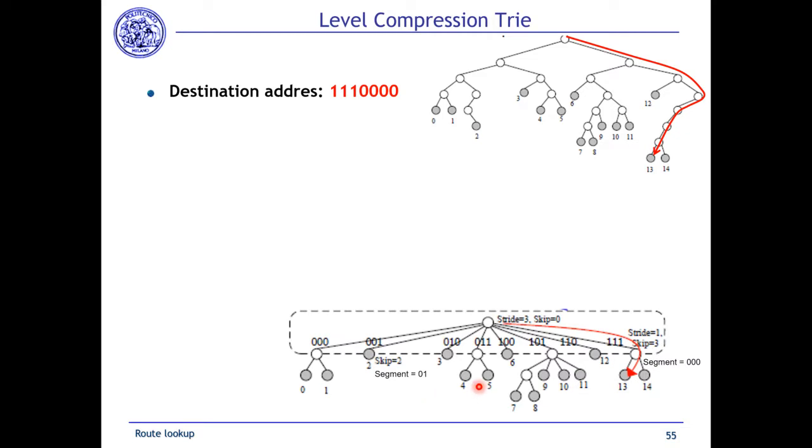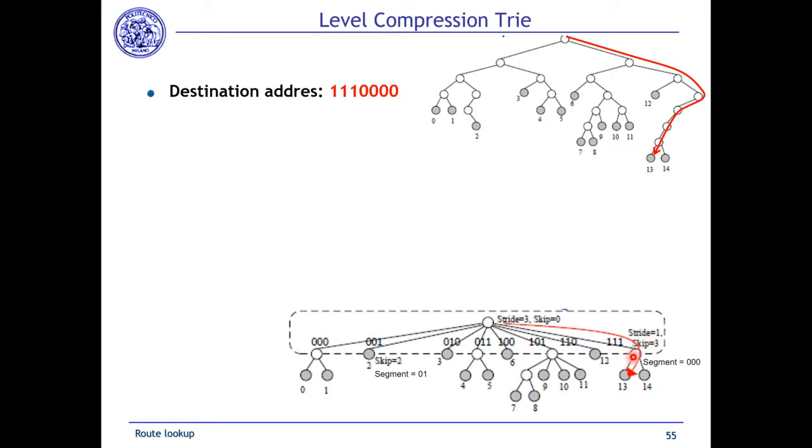So here, for example, you have 1, 1, 1, 0, 0, 0. This is the path of the original trie, and this is the path on the level compressed version. You take the first 3 bits, 1, 1, 1, to go here, then the other 3 bits, 0, 0, 0, to go into this node. That is stride 1 but skip equal to 3.